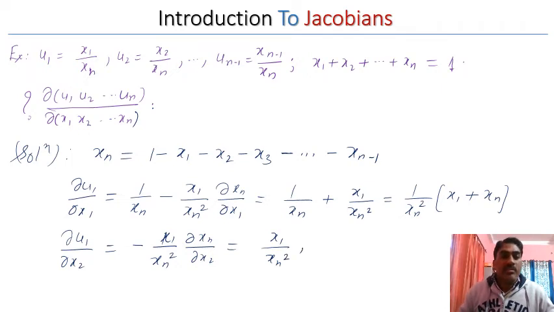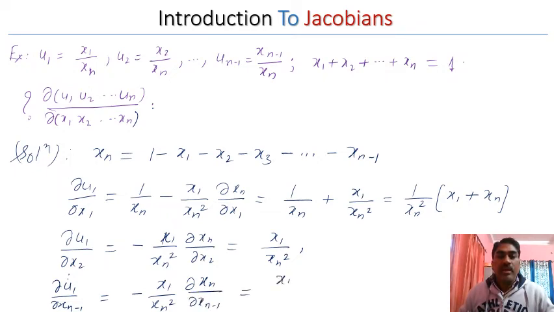Similarly, if you differentiate u1 with respect to x(n minus 1), finally it will become minus x1 by xn square times del xn by del x(n minus 1), which is x1 by xn square.